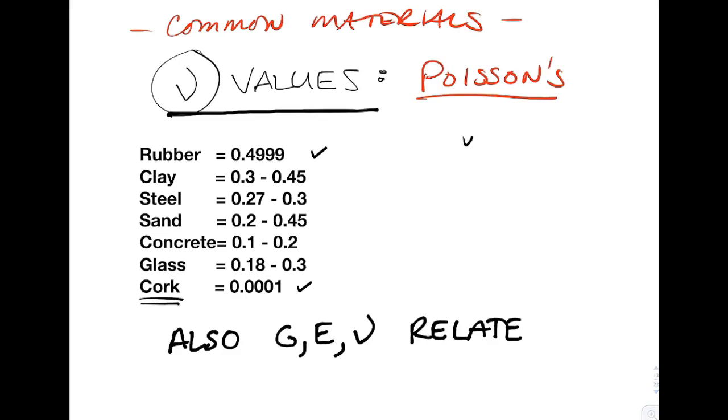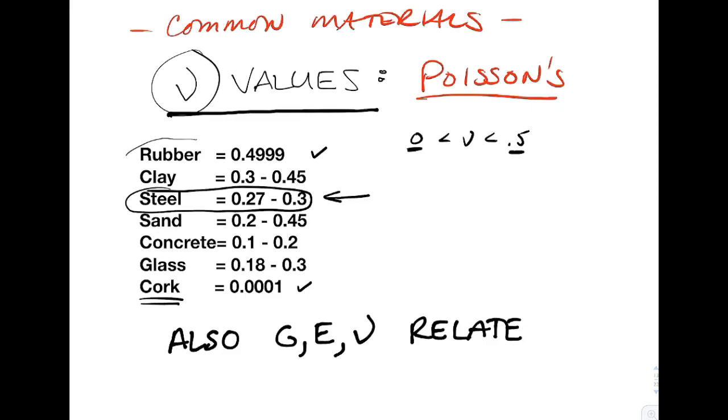We will prove that these values need to be between 0 and 0.5, and actually not including the end values. So for the most part, we're going to end up with some materials right around in here. Steel is a common material that we'll use. So you'll see Poisson's ratios between 0.25 and 0.35 generally in this course.